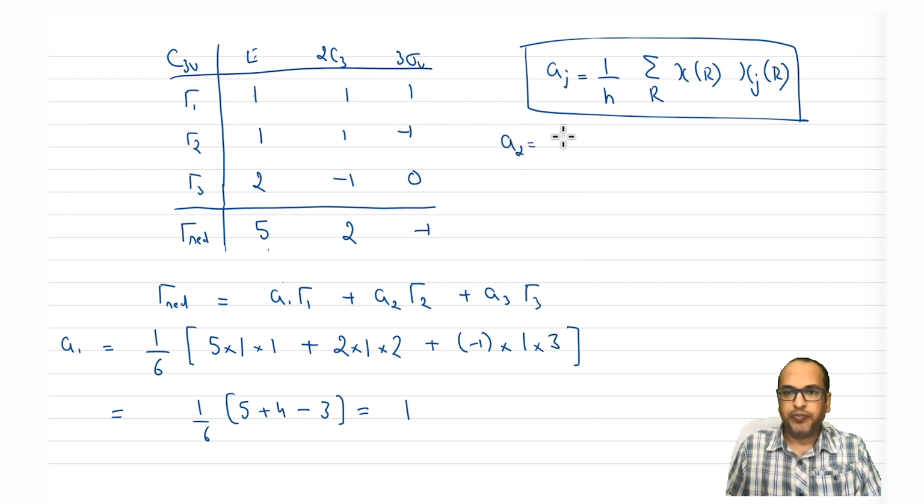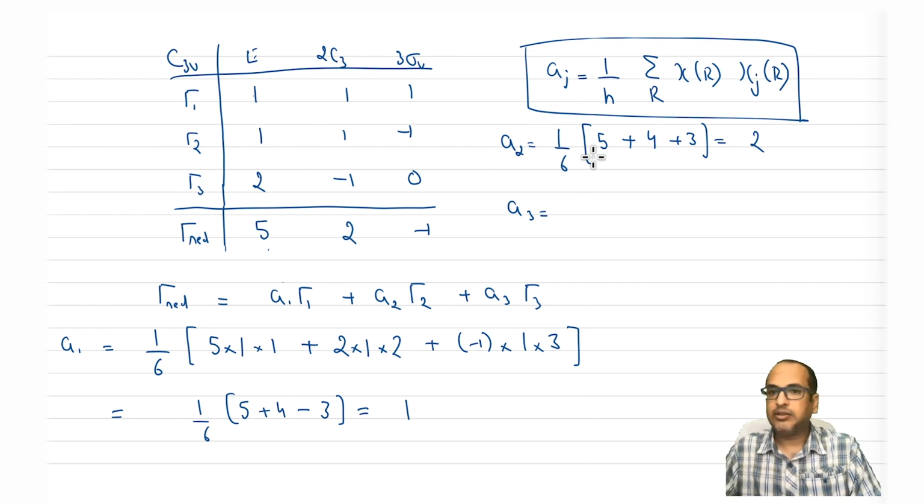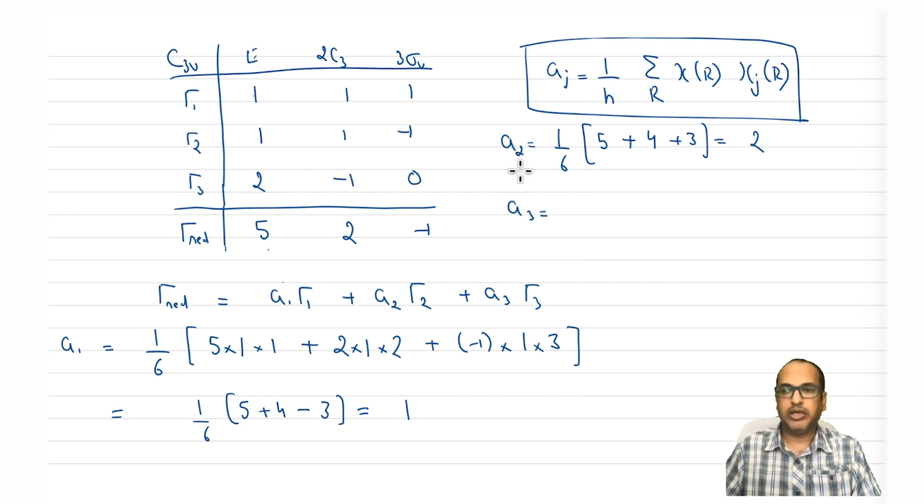So for A2, again, this will be 1 by 6. Then I'll just do this 5 plus 2 into 1 into 2, that is 4, minus 1 into minus 1 into 3, that is plus 3, right? This gives me A2 as 2, right? Then A3. And now, to test whether your calculation is correct or not, these numbers have to be natural numbers or whole numbers. 0 can also come, right?